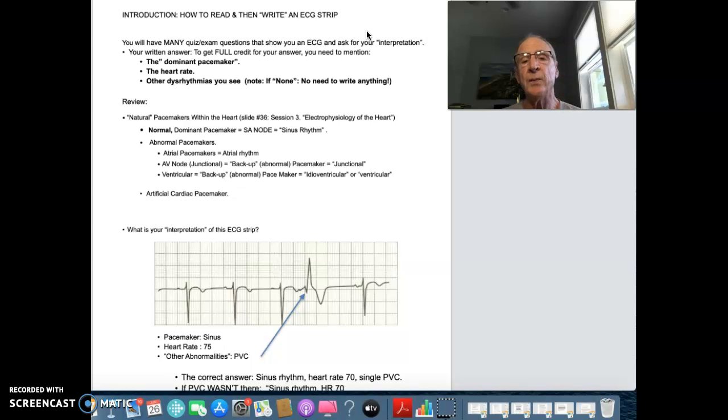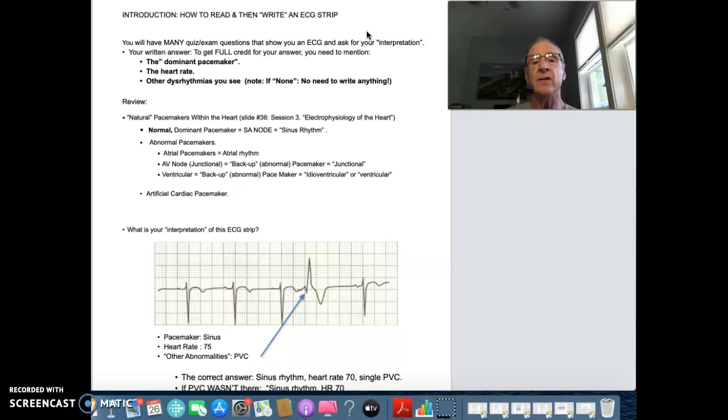The abnormal pacemakers are supposed to be there for the most part, but they produce usually dysrhythmias. For example, you can have a dominant pacemaker in the atrial area, and if it's an atrial pacemaker, you have an atrial rhythm. The AV node, or junctional node, is a normal backup natural pacemaker, but it does not produce normal ECGs.